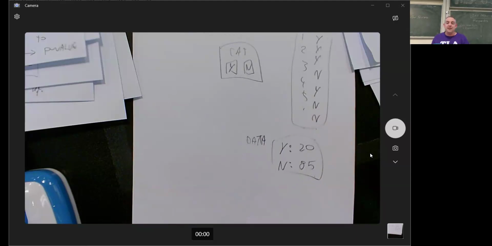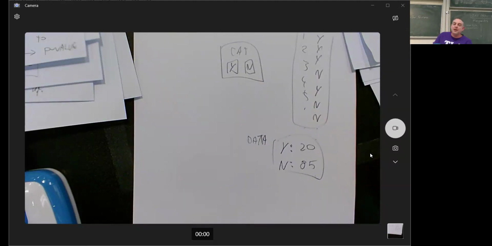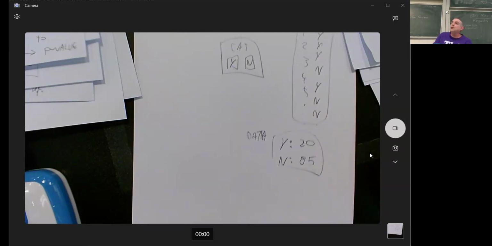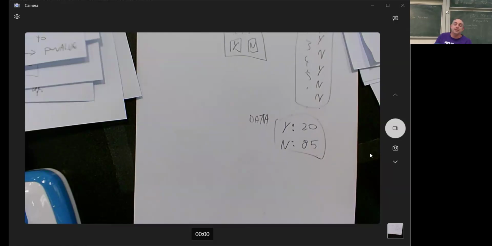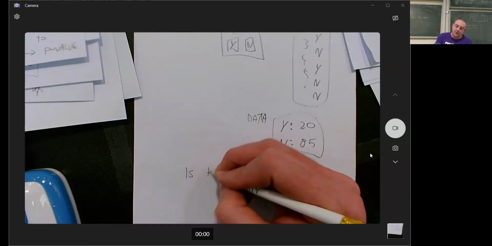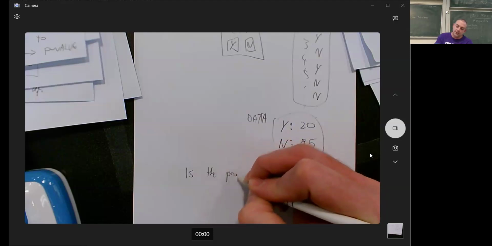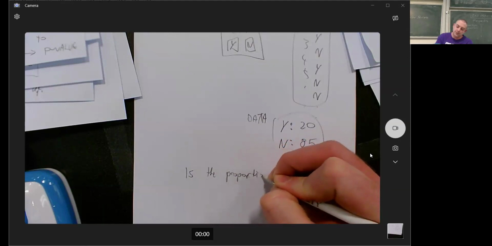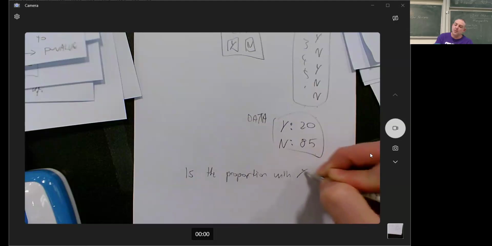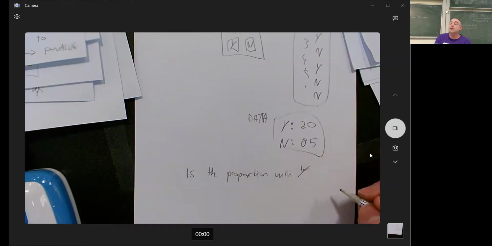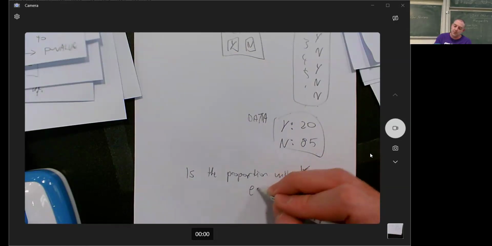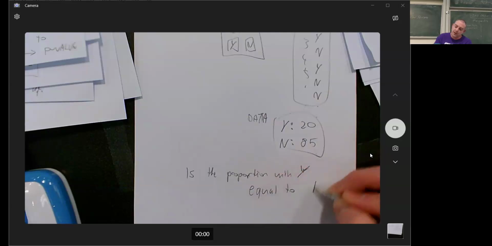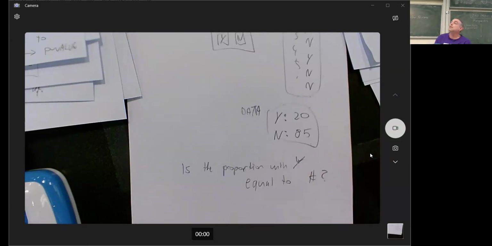And the question is always, is the proportion of yes equal to this number I first thought of? Sometimes it's a proportion with no, it doesn't really matter. Is the proportion with yes equal to a specific number? Like, is it 50%?